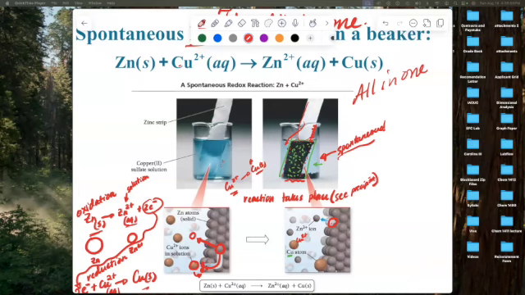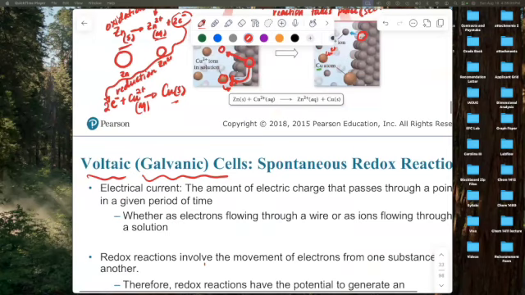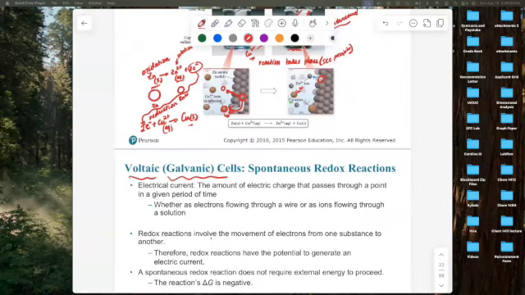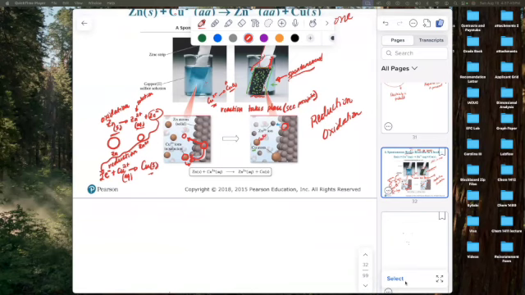I mean, I guess if you want to deposit copper, you have established that. But what if we want to harness the electricity generated in this reaction? If that is our goal, then what we want to do is actually separate the reduction from the oxidation. So I'm going to draw a picture of what I need, okay? Because I was trying to copy the other picture over, but it wasn't working.